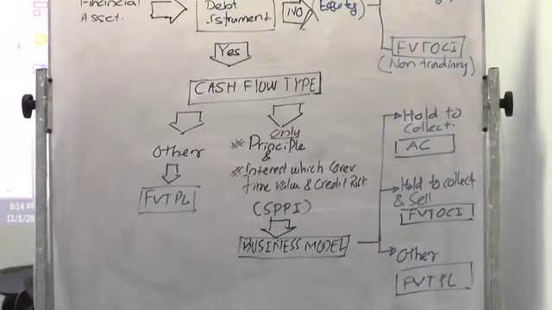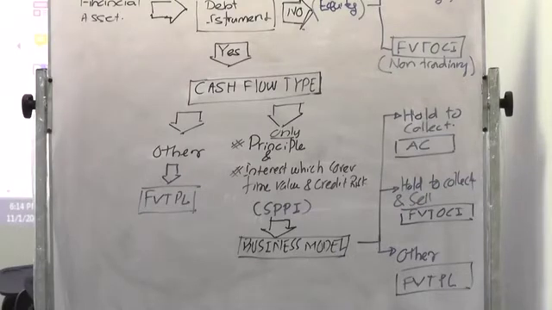If you keep up to maturity, it is hold to collect, measured at amortized cost. If your intention is to keep and sell, hold to collect and sell, it is measured at fair value through OCI. If your intention is to sell, the other category, it is measured at fair value through P&L.